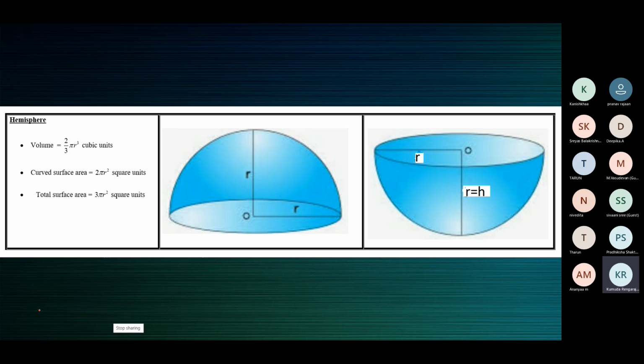Half of a sphere is a hemisphere. Now, a football is an example of a hollow sphere because there's only air inside.